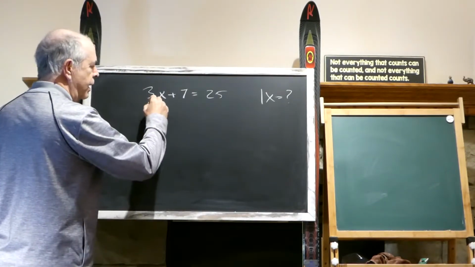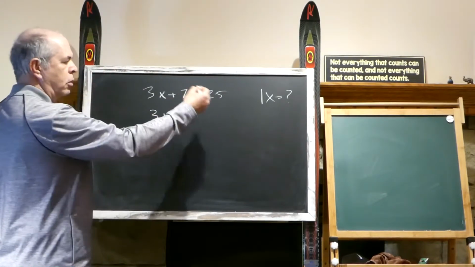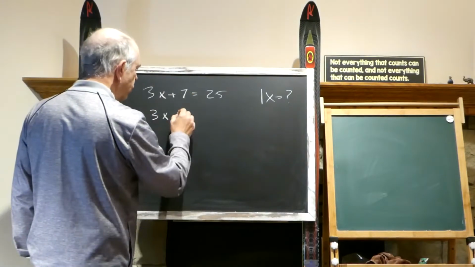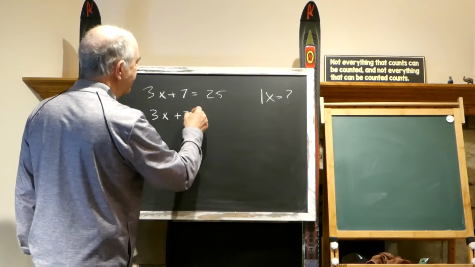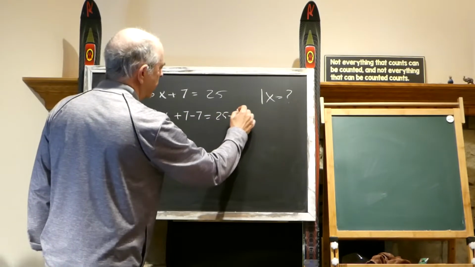I say x should be isolated. Nothing should be standing with the x. It should be alone. How to make it stand alone? We take minus 7, so it will be gone from both sides of the equation.